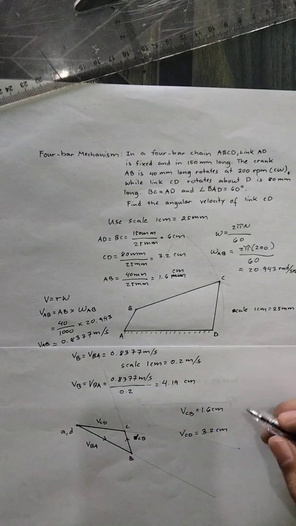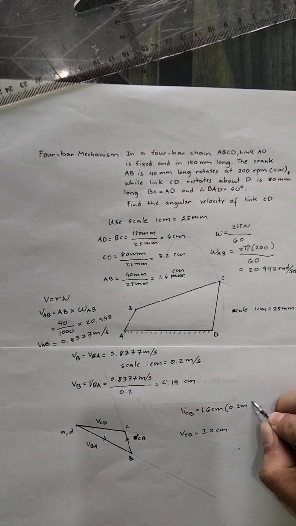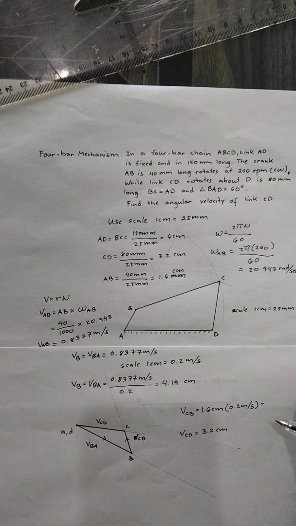Okay, so therefore if we multiply this by 0.2 meter per second, we can have a value of... I don't have a calculator.